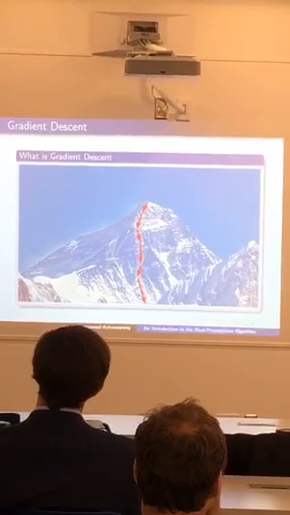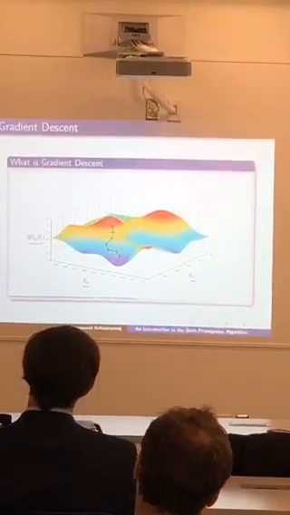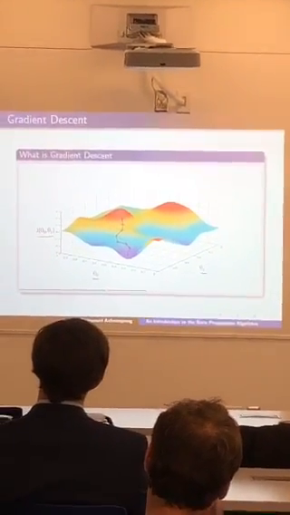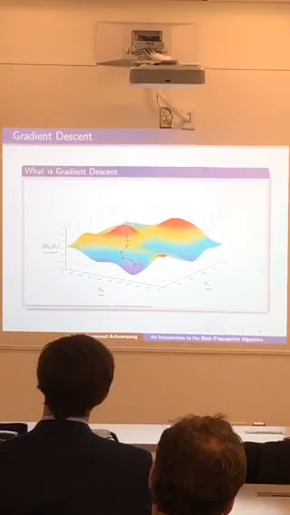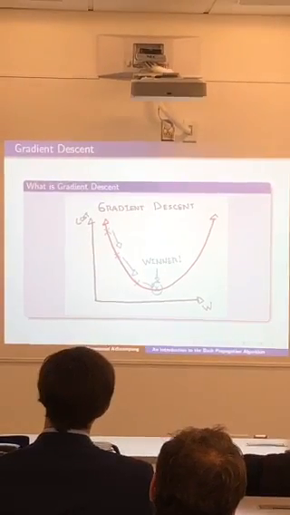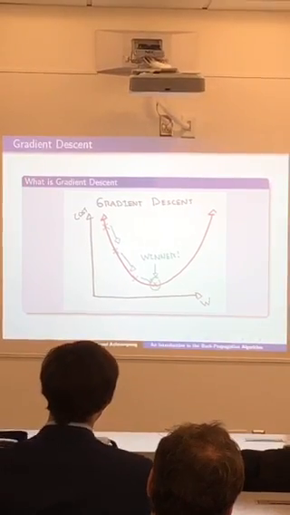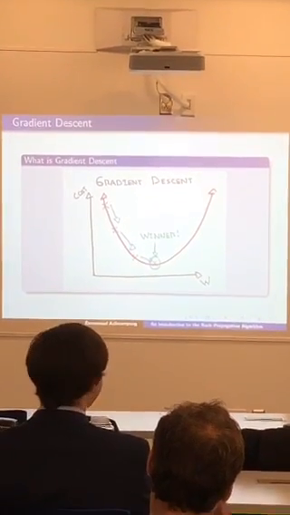In 3D graphing, this is what it looks like. But this might be too complex, so in simple 2D, this is what it looks like. You just go down to hit the bottom.